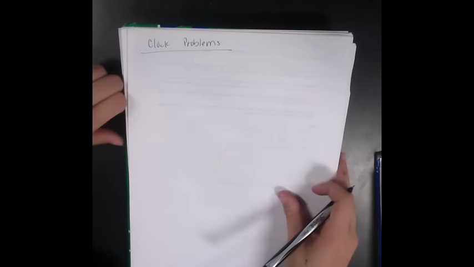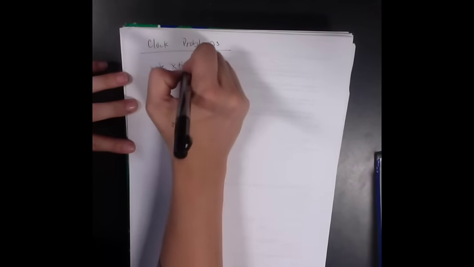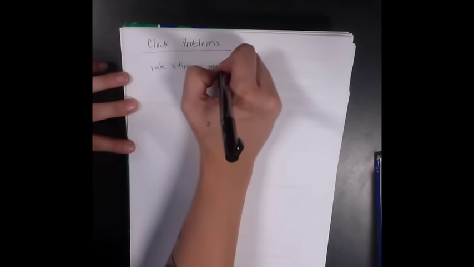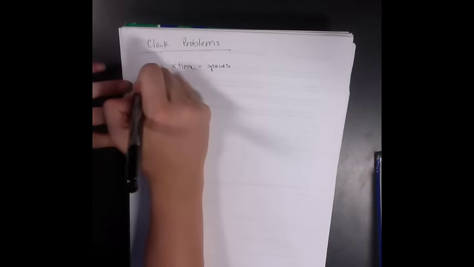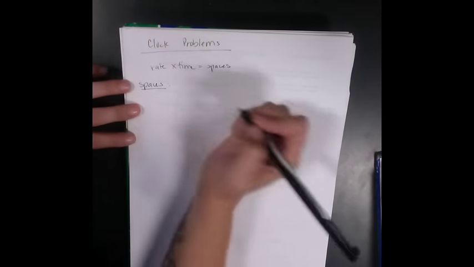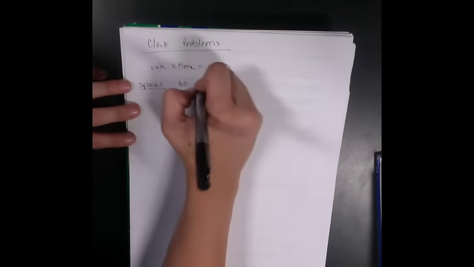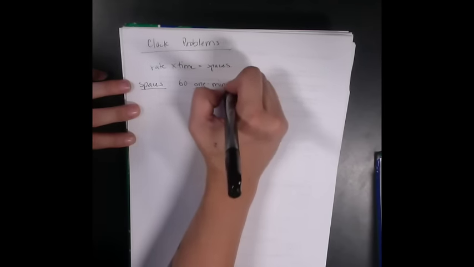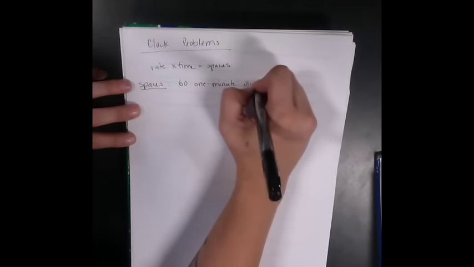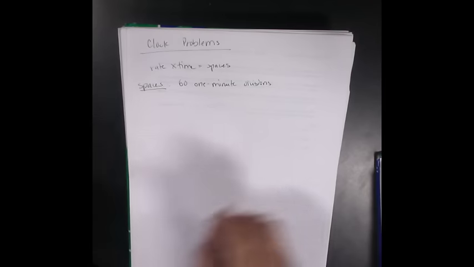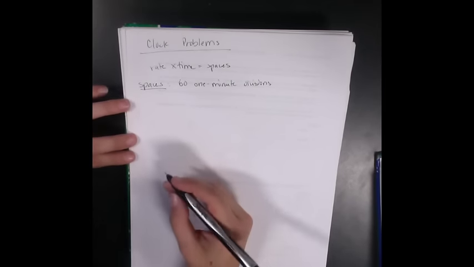Clock problems. Literally, we're talking about a clock. Okay, the equation that we have is rate times time equals spaces. Spaces are 60 minute divisions, which makes sense because on a clock there are 60 minutes.